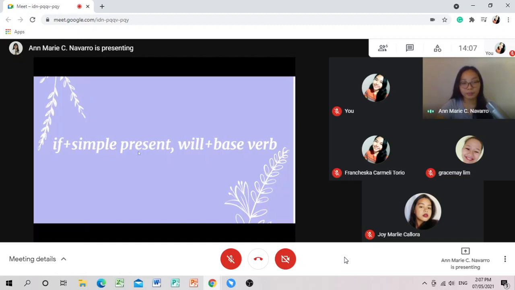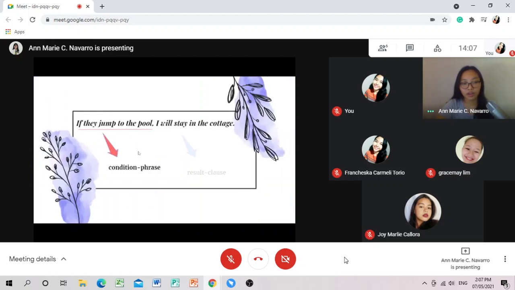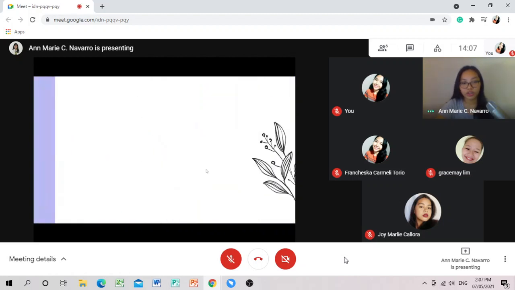So this time, I want you to look at these sentences. The first sentence is, if I save enough money, I will go to France. So observe that it follows the if plus simple present, will plus base verb. So can someone tell me what the simple present verb in the sentence is?